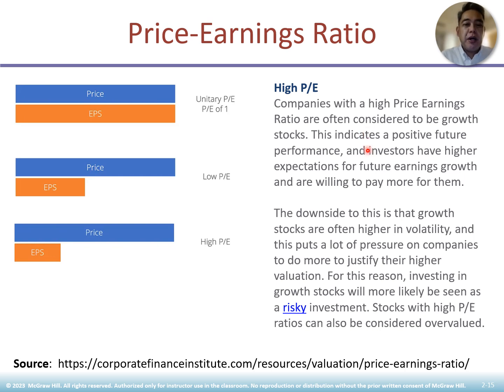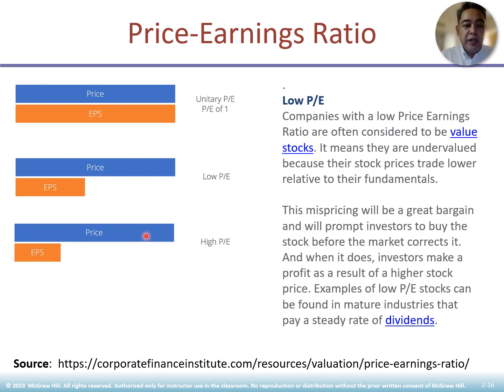This indicates a positive future performance, and investors have a higher expectation of future earnings and are willing to pay more for them, right? So your stock is trending higher, and your EPS is on this side, so it will be a high PE. The downside is that there is volatility in the stock. For this reason, it can be considered a risky investment.